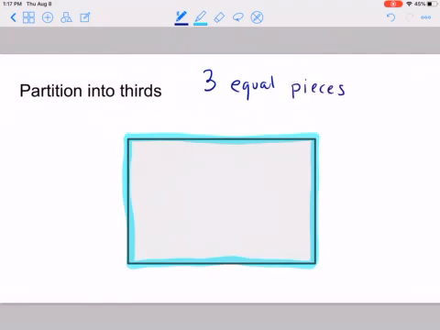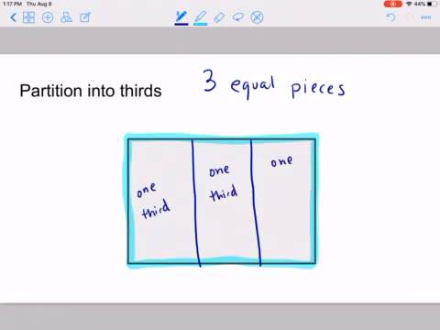So partitioning this rectangle into thirds, we're going to make 3 equal pieces, which means I'm going to draw 2 lines to make my 3 equal pieces. So here's 1/3, 1/3, and 1/3. That's how we would describe those.